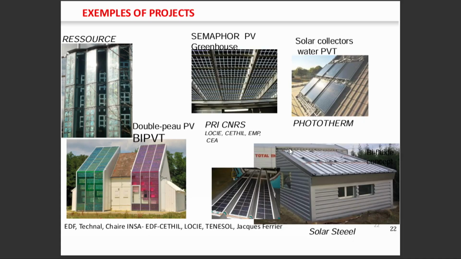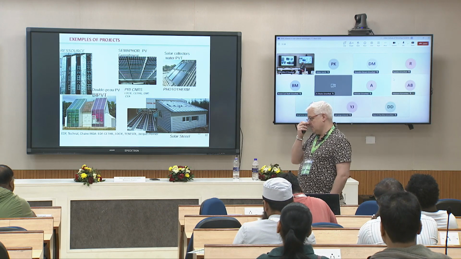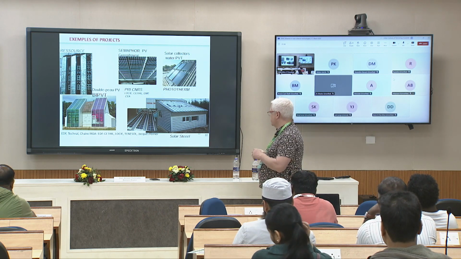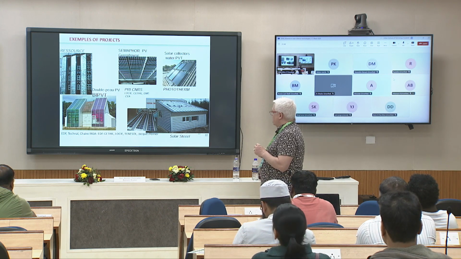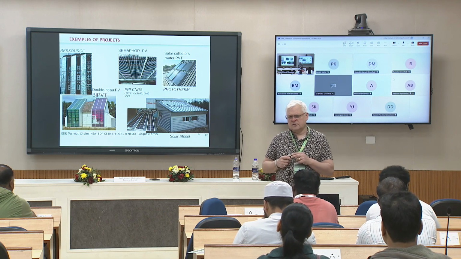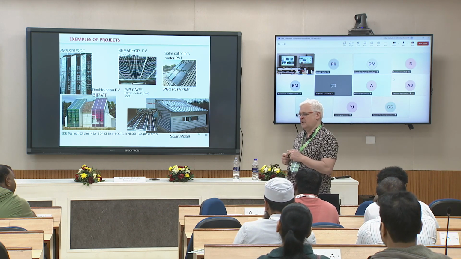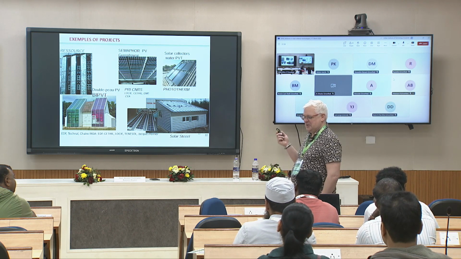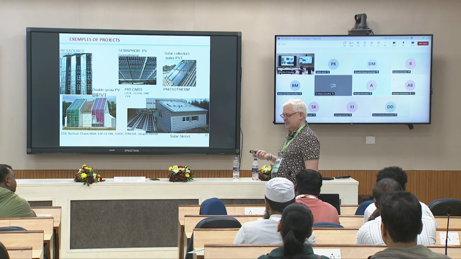We went also on solar steel, so it was to integrate PV on steel for application in industrial buildings or stadiums, a big stadium near Lyon that has these PV panels. We also worked with Umicore, which is zinc. You know, in English, comment on dit zinc. It's not iron, it's zinc.